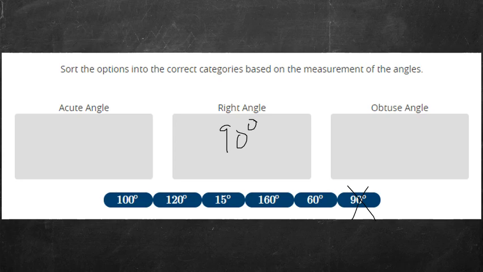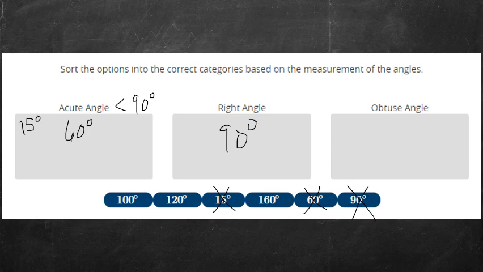Now, acute angles are angles that measure less than 90 degrees. Remember, less than 90 degrees. So I'm going to put all of the measurements that are less than 90 in that box. So let's put 15 degrees there. Let's put 60 degrees there. And as I'm going, I'm moving them out of the way so I'll know not to use them again. Now, I don't have anything else that's less than 90 degrees.